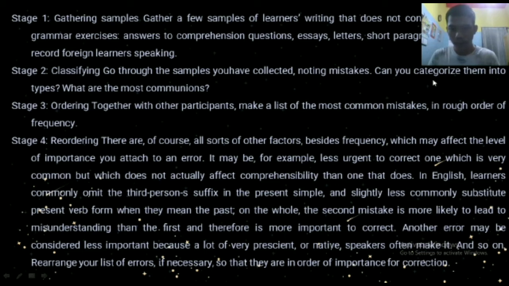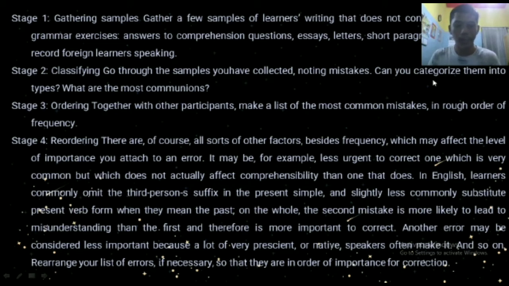In English, learners commonly omit the third person's suffix in the present simple and slightly less commonly substitute a present verb form when they mean the past. On the whole, the second mistake is more likely to lead to misunderstanding than the first, and therefore is more important to correct.